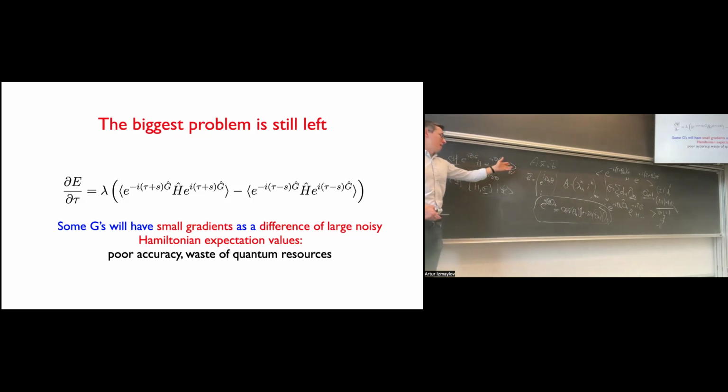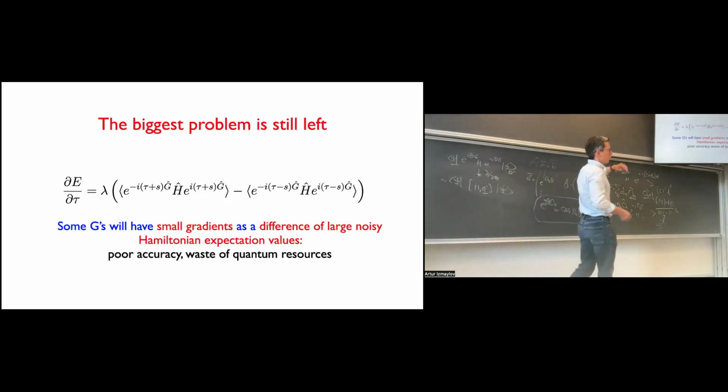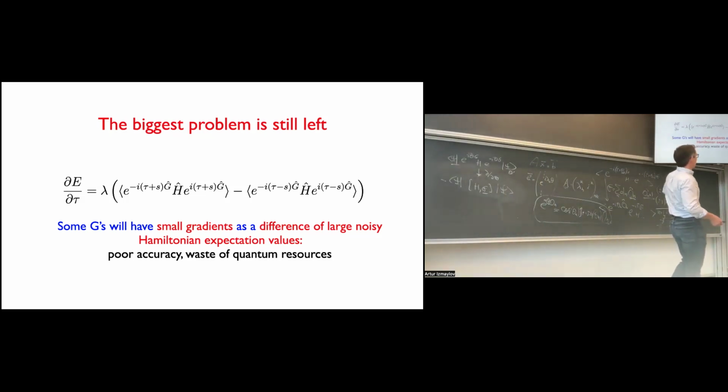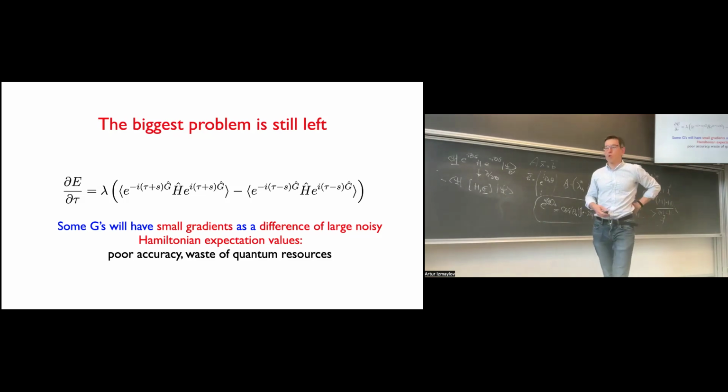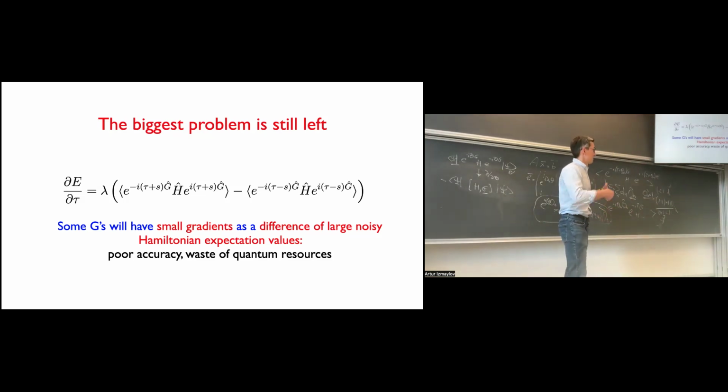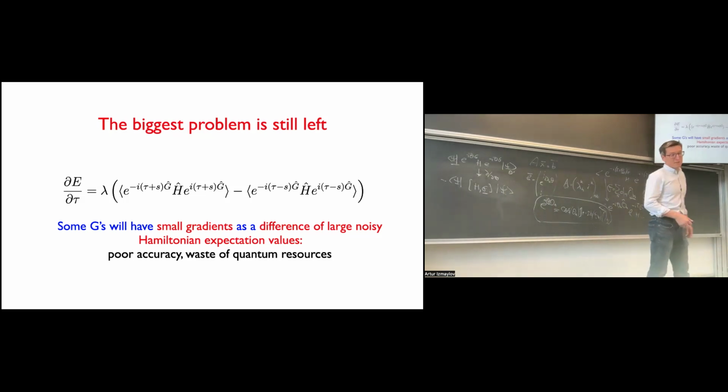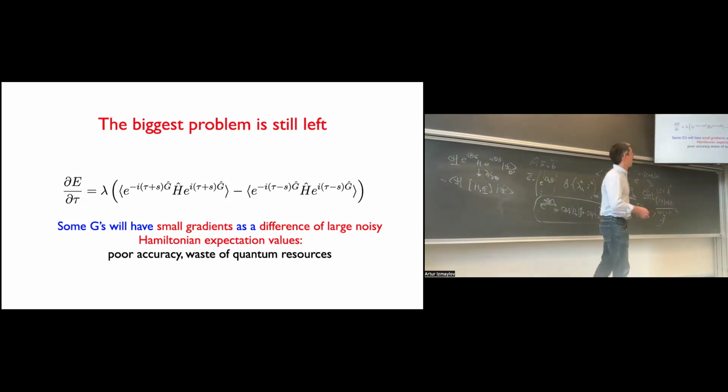So then the old generators are somewhere in between, and this trick won't work. This trick only works if you don't want to re-optimize the ones that are already put there and for which you already found optimal values. If you want to re-optimize them, some sort of parametric shift rule would be needed, and then there is this issue of potentially small gradients that come in as a result of the difference between two large values, right? So generally, gradients are still expensive, I'd say.